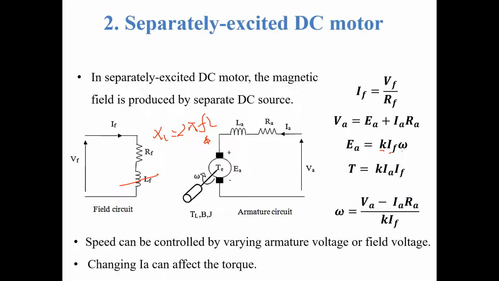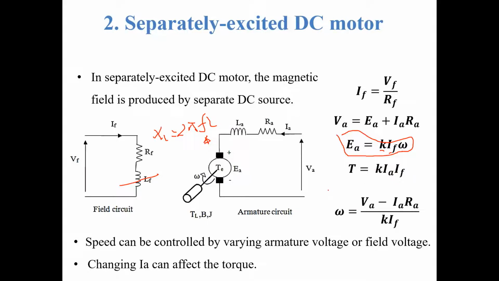So from this, you can consider this equation. From this equation, you can derive the speed. The speed equals EA, the back EMF, divided by K times IF, the field current.